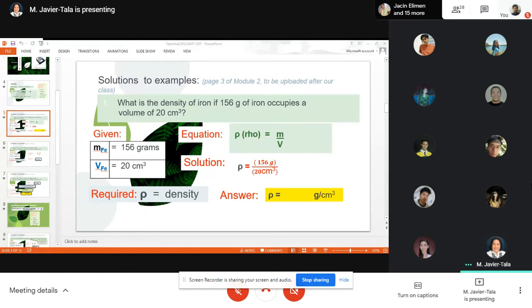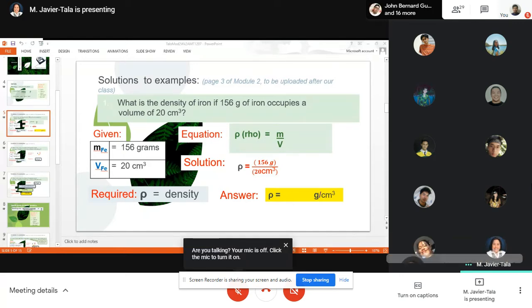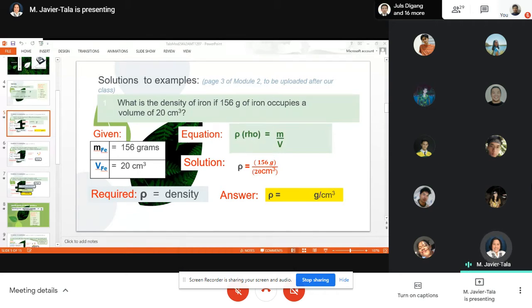So, in your module that I will upload later, some examples don't have solutions. The first example, class: what is the density of iron if 156 grams of iron occupies a volume of 20 cubic centimeters?